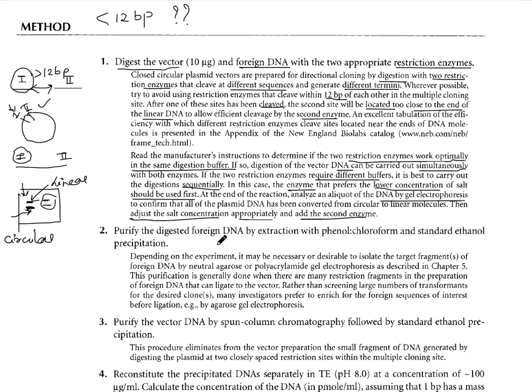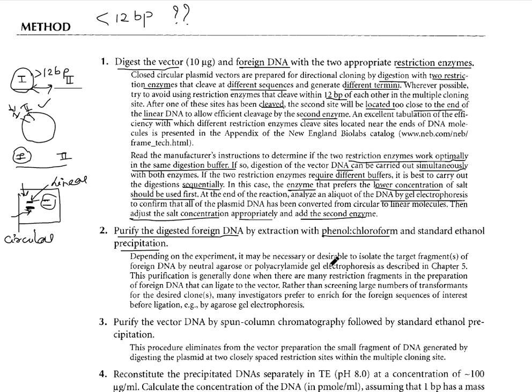Okay, the next is, once restriction digestion has been done successfully, then you have to purify the digested foreign DNA by using phenol chloroform and standard ethanol precipitation. As we have learned, purification is by phenol chloroform or standard ethanol precipitation. In my last video, the troubleshooting video for plasmid isolation, I discussed how phenol chloroform and ethanol precipitation help to remove contamination in the DNA extract.